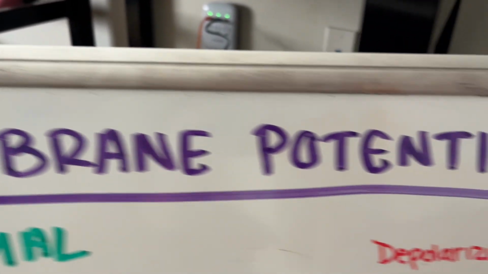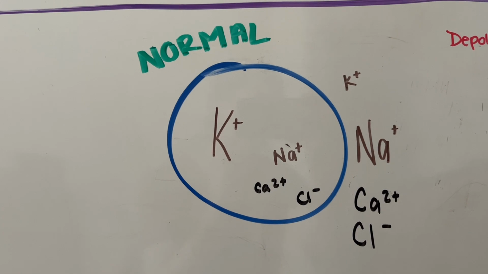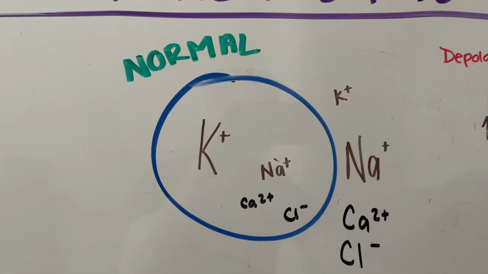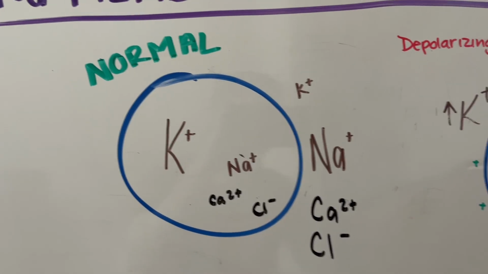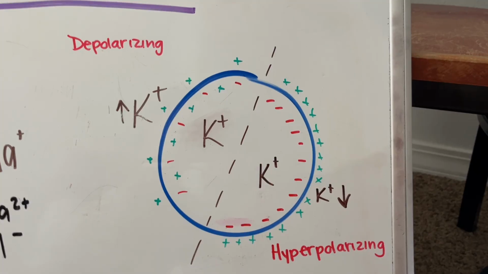There are several conditions and factors that affect the magnitude or size of the resting membrane potential. There are changes in extracellular ion concentrations. The concentration gradients of ions are a primary determinant of the RMP.